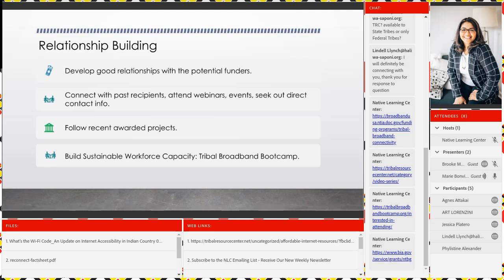I don't know, in housing, there's the duty to serve that many banks have. But, Brooke, maybe you can answer this question: are private telecommunication entities obligated to provide any sort of support to tribes for capacity or to build relationships?